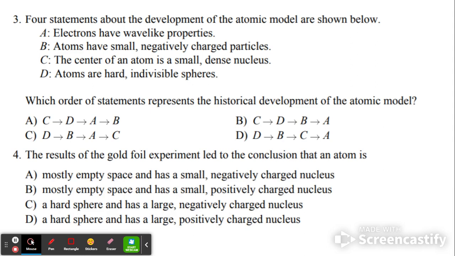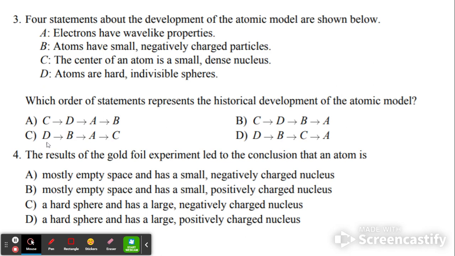Question 3. Four statements about the development of the atomic model are shown below. The answer to this question: the question is asking which order of statements represents the historical development of the atomic model. As we know, D came first, as we first came to the conclusion that atoms are hard, invisible spheres.